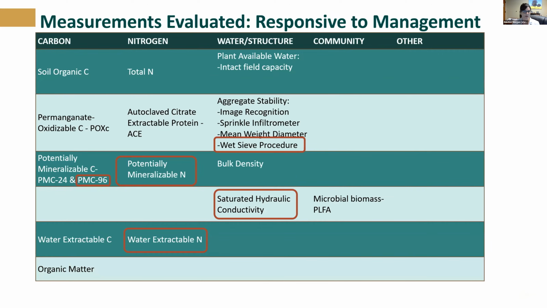Okay, so this is also just a review, but to be completely transparent, the measurements that we removed because they weren't as consistently responsive included the potentially mineralizable carbon with a 96-hour incubation, potentially mineralizable nitrogen, water extractable nitrogen, the wet sieve aggregate stability procedure, Diana pointed that out, and then saturated hydraulic conductivity.